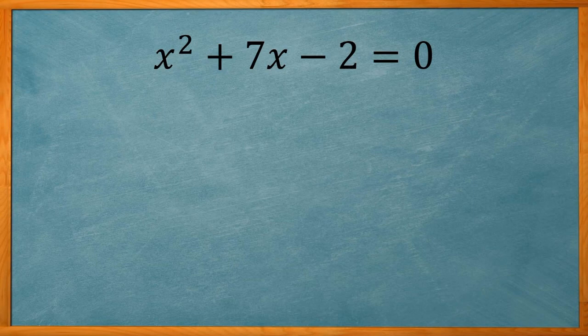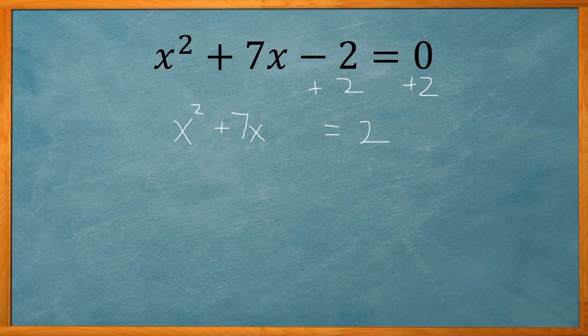Look at this example. We have x squared plus 7x minus 2 equals 0. Again, I need to get that constant term to the other side. That leaves me with x squared plus 7x equals 2.